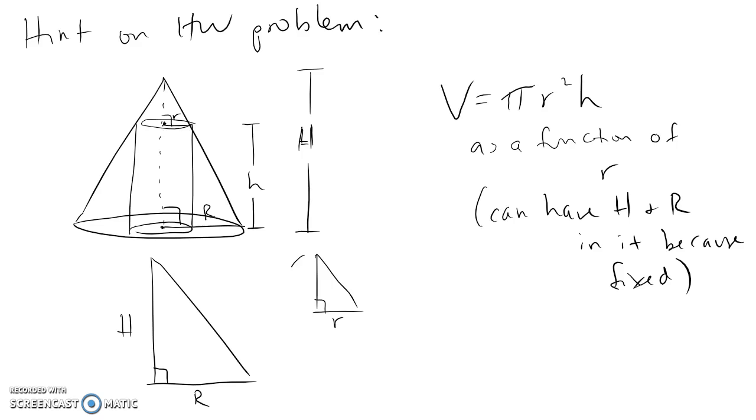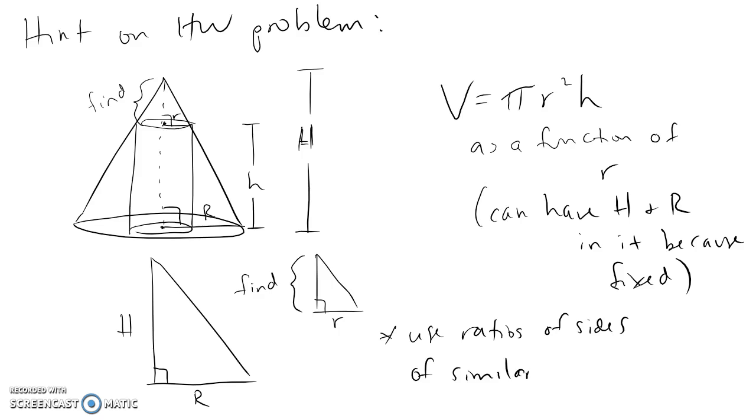And it's going to be up to you to find the height right here, and then use ratios of sides of similar triangles in order to help you set up the equation.